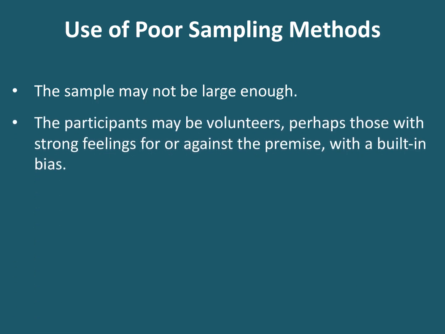Or what if the participants may be volunteers, or perhaps those with strong feelings for or against the premise with a built-in bias? If you're trying to run a study and you have someone there that has a very built-in bias, that's going to throw things off significantly.